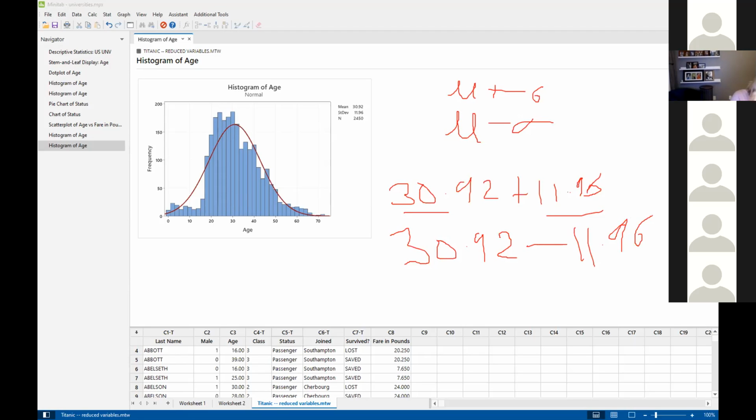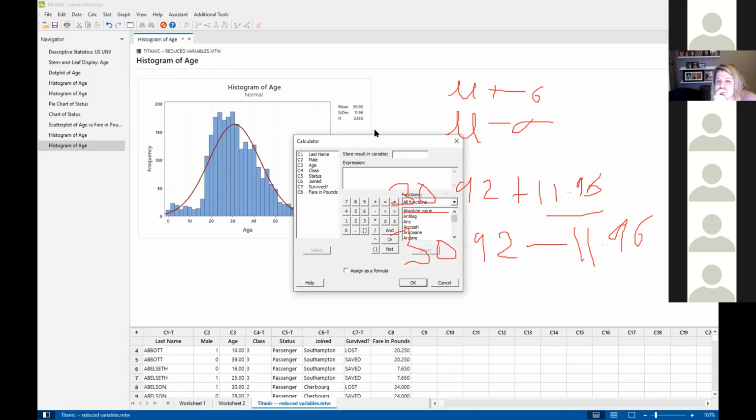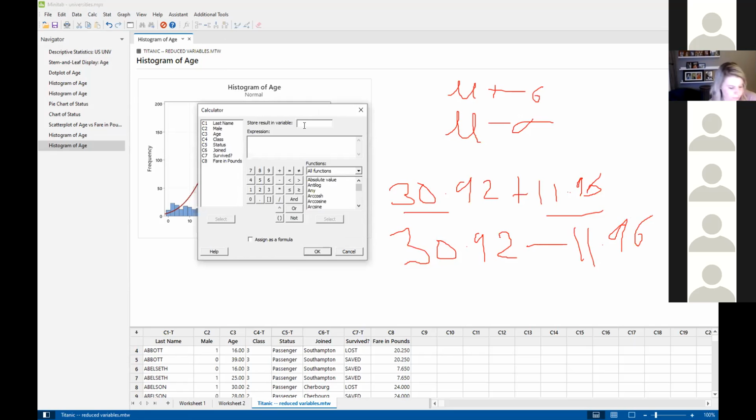Okay, so I go to Calculator, store result in C9, expression 30.92 plus, where's the plus sign, right here, 11.96, and that's it.